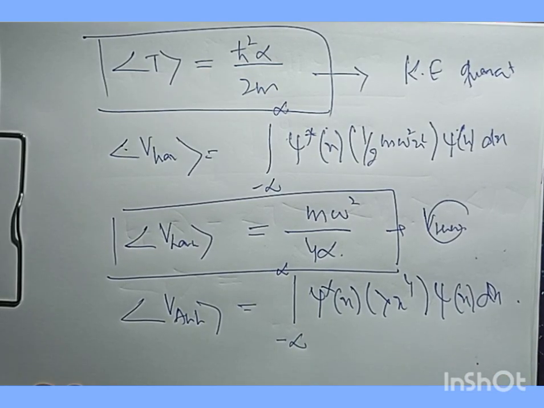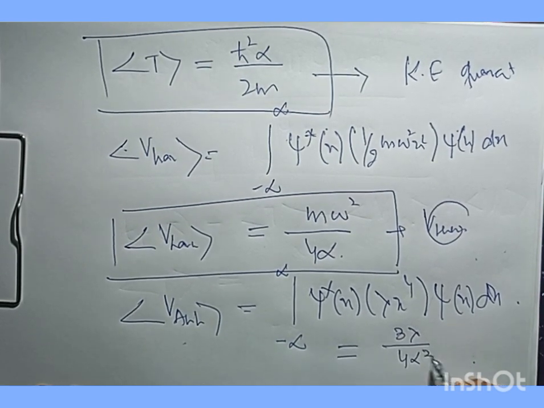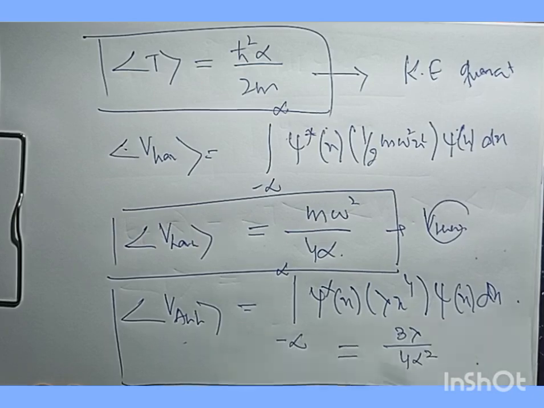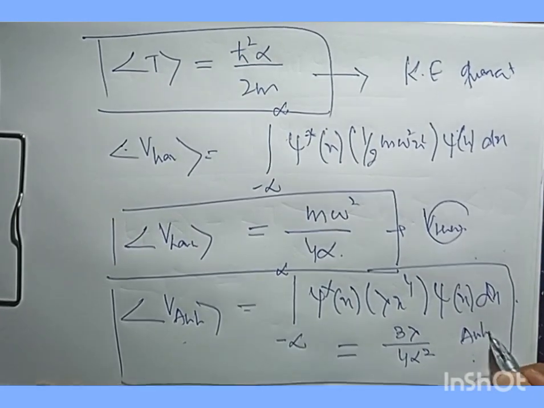On evaluating this integral and making those calculations, what we obtain is 3 lambda by 4 alpha squared. So this is your anharmonic term.